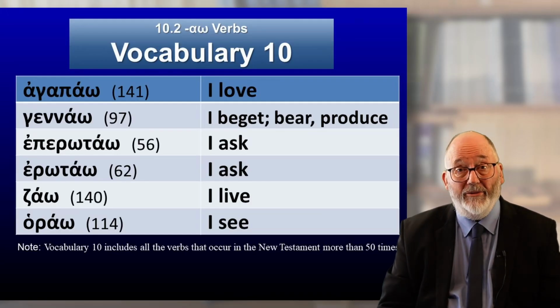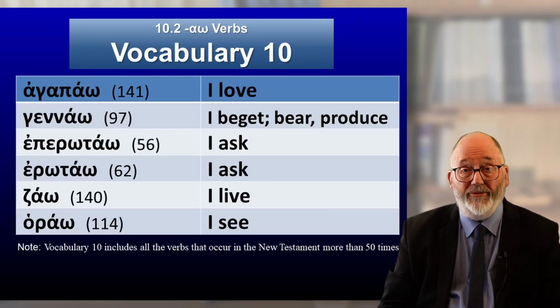So there is good news here. It is just a matter of familiarizing yourself with the way the ἀγαπάω verbs are formed, seeing them in exercises and in the Greek New Testament, and soon they will become familiar friends. Now here is a list of ἀγαπάω verbs that occur more than 50 times in the Greek New Testament.